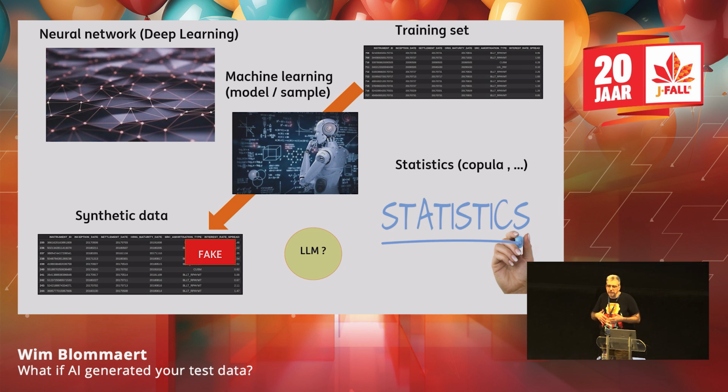And then for anything bigger than a single table, and actually also for a single table, we use statistical algorithms, which are things like copula calculation. Well, Google it. So these are just statistical algorithms, which make sense because after all, we are building a statistical model. And that works on 30, 40 tables.